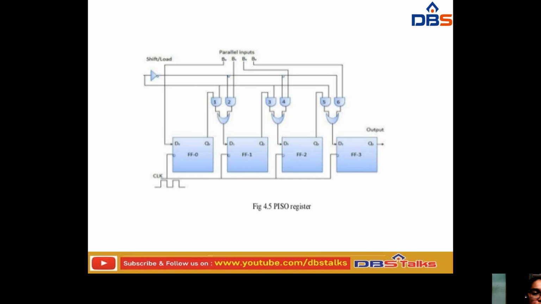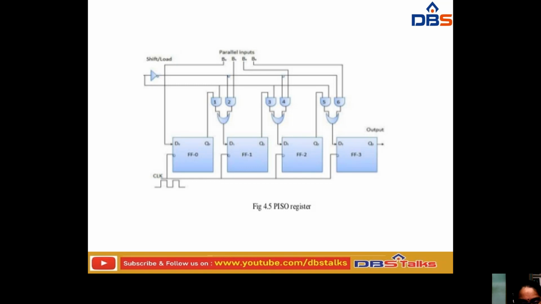If you have observed this one, this is the OR gate, this is the AND gate, and this is the OR gate. If it is a shift or load operation, these are the parallel inputs, that is B0, B1, B2, B3. Here we perform some operations and give this as an input, and from this we receive the output.